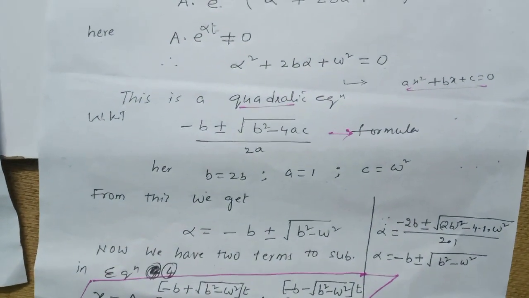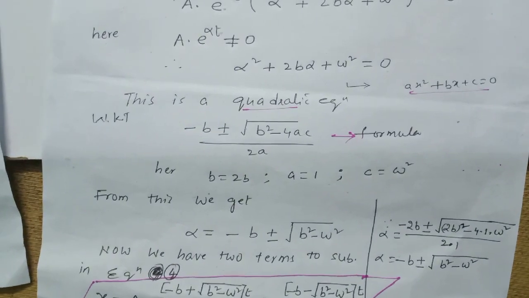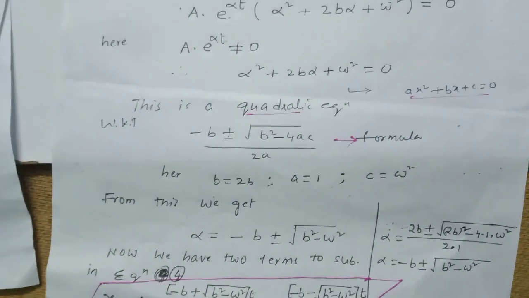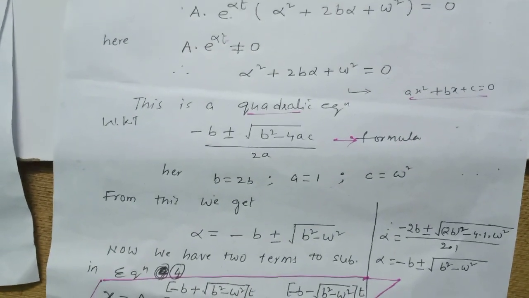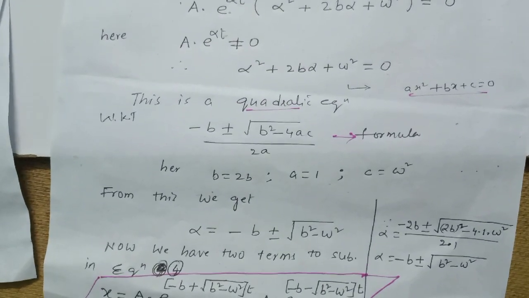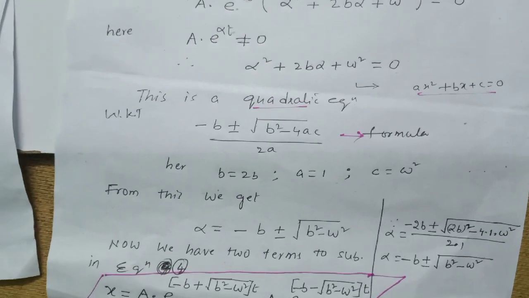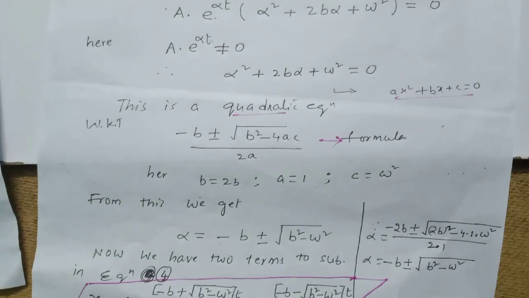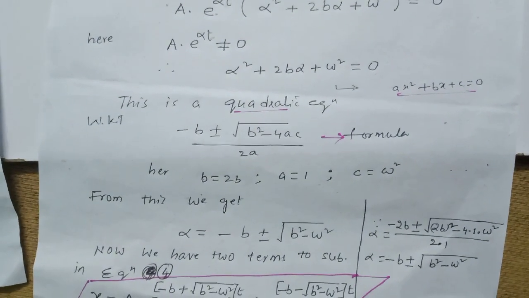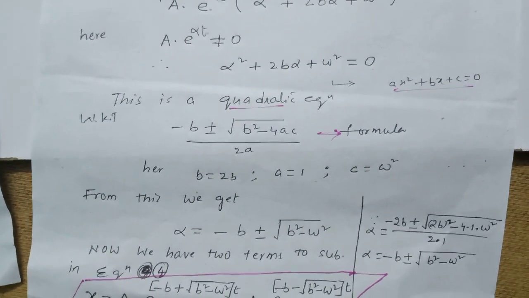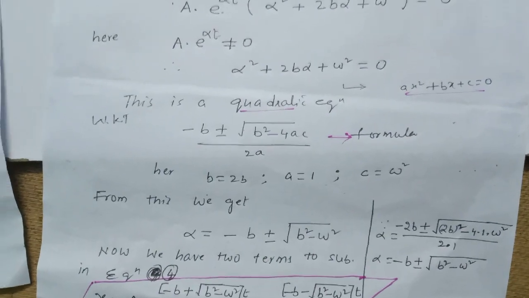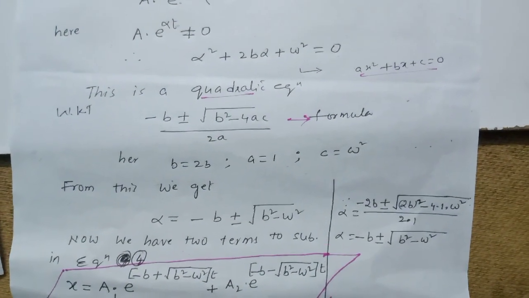After substituting, we get the value of alpha equals minus b plus or minus root of b square minus omega square. We get this answer by substituting the values of a, b, c in the formula minus b plus or minus root of b square minus 4ac by 2a. I did this calculation on the right hand side.